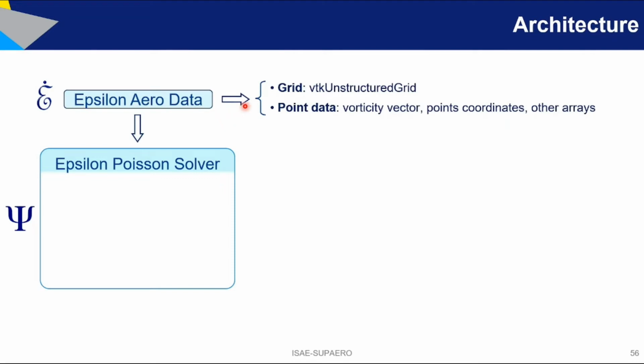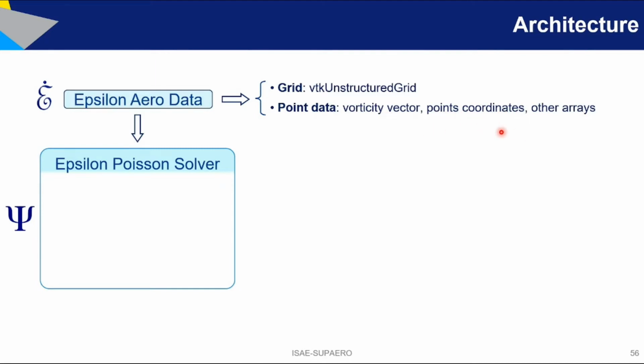In my case, I have to take, first of all, the grid, the VTK structured grid, because this is the geometrical information that will be used to generate a slice of the domain to compute the Poisson equation at each point of the desired plane. Then, of course, I will take some point data like a vorticity vector, because, of course, vorticity drives the Poisson equation. I need this information, as well as some point coordinates and other arrays.